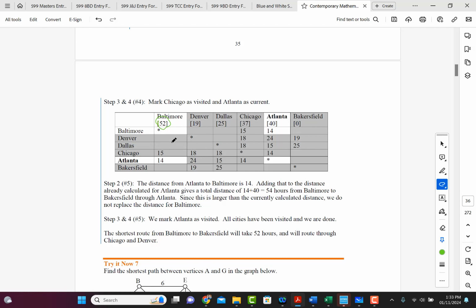Through Chicago, because Baltimore to Chicago is 15, and from Chicago to Denver is 18. And then Denver to Baltimore is 19. And that works.